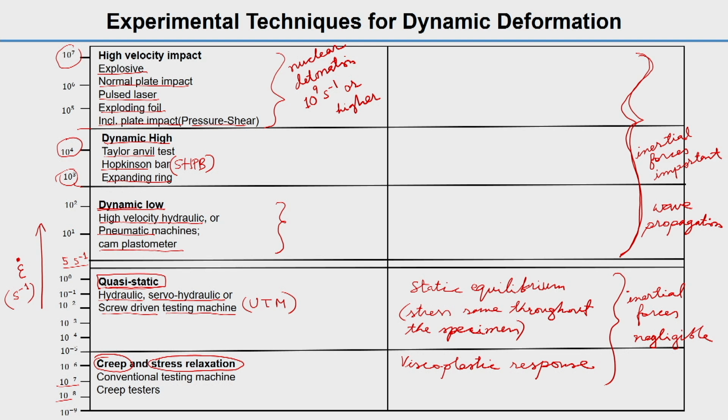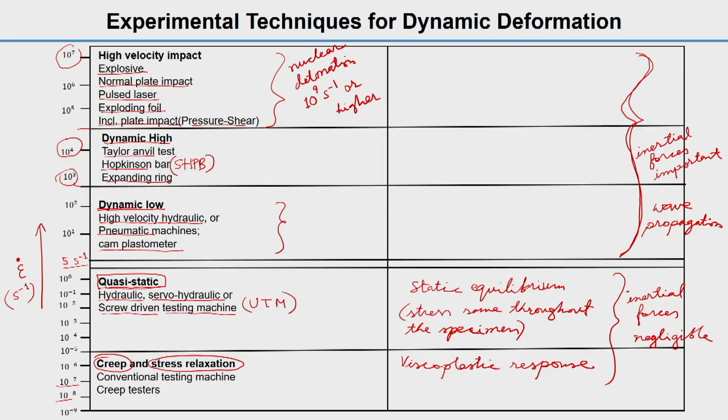Even at a strain rate of 10 to the 6 or 7, it is very difficult for scientists and engineers to know the mechanical behavior of the material.